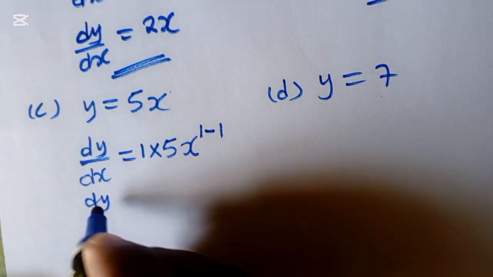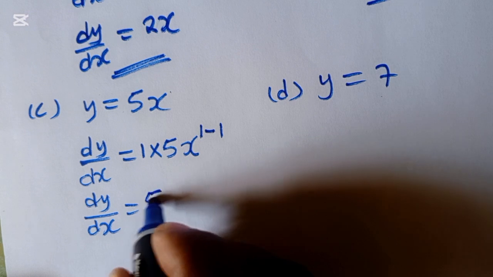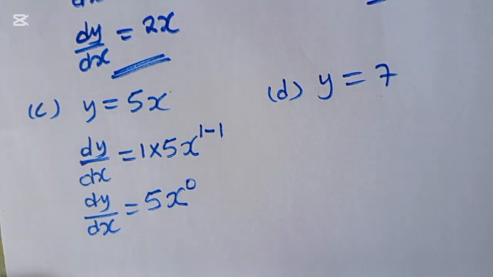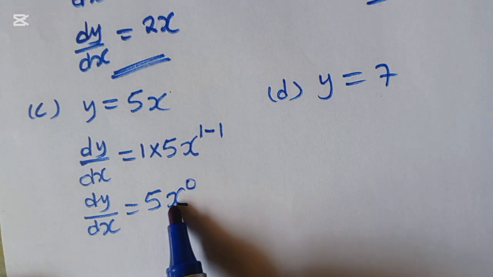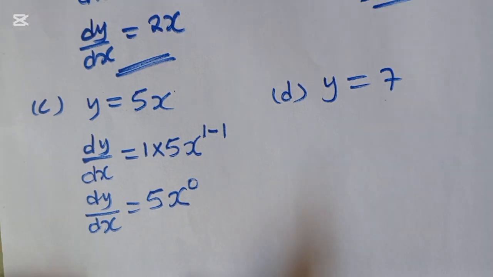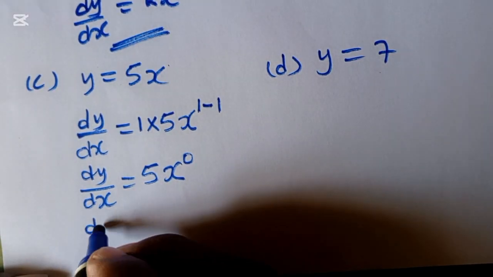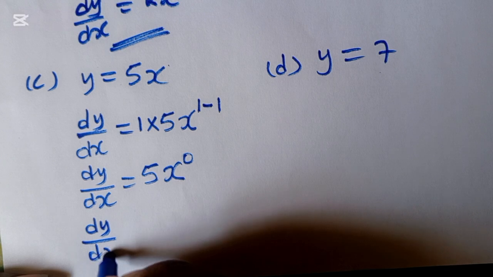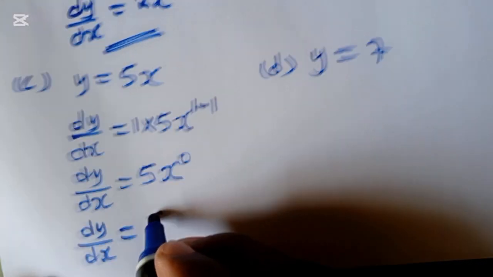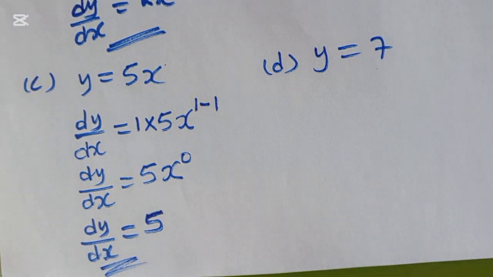So dy/dx is equal to 1 times 5, that is 5, x to the power 1 minus 1, that is 0. Remember that any number or letter to the power 0 is 1. So 1 times 5 is 5. So dy/dx is equal to 5. Okay.